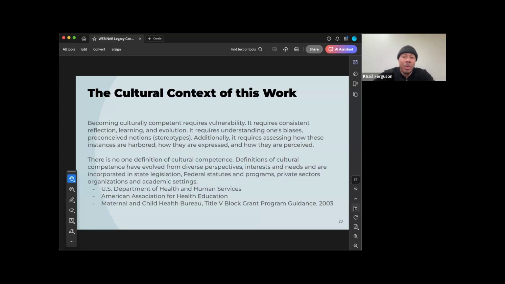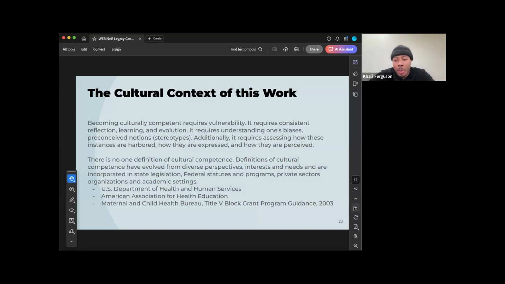We're not here to force anyone to abide by what we believe is cultural competency, because that is not the purpose of this study. It's really to demonstrate how one becomes culturally competent and how that is incorporated into research when dealing with people, as opposed to treating them as test subjects. But there are a number of definitions for cultural competence in academia, and we'll go over 3.